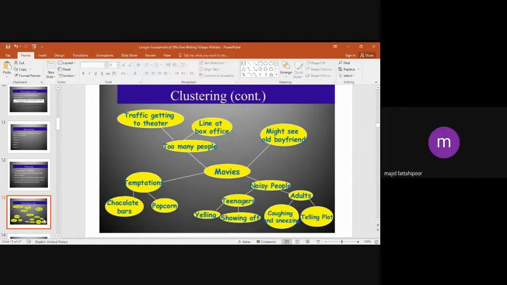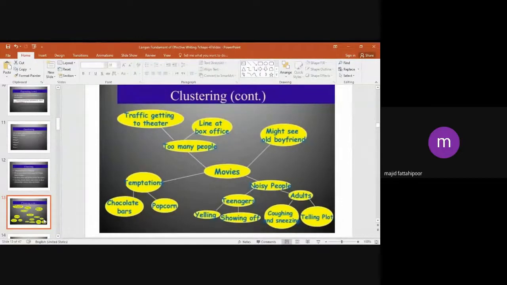You can see that the writer has attempted to cluster the ideas. For example, the traffic getting to the theater that Samin also said, or too many people in the theater, or the line at the box office where you buy the ticket.